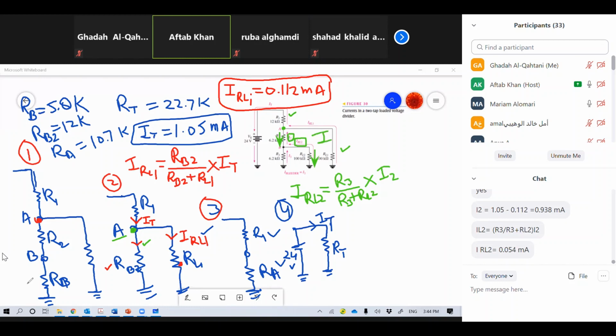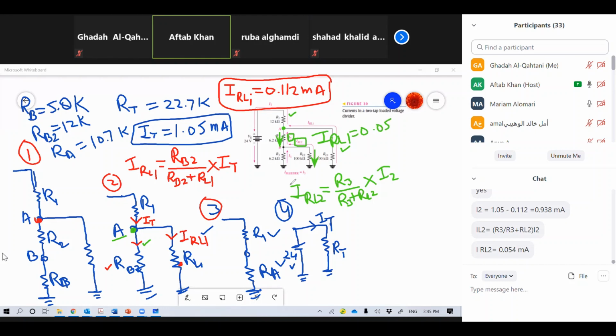So I can say now IRL1 is equal to 0.05. Is it 55 or 54?